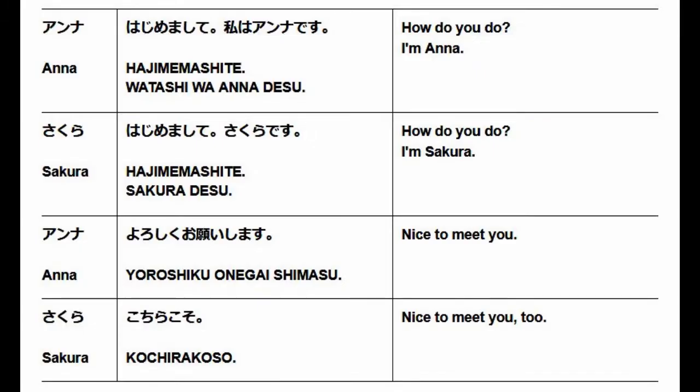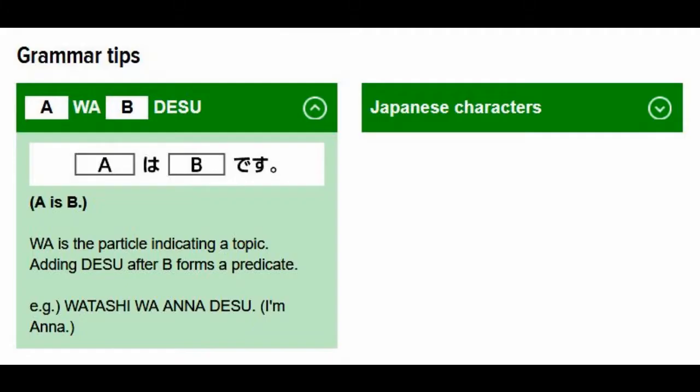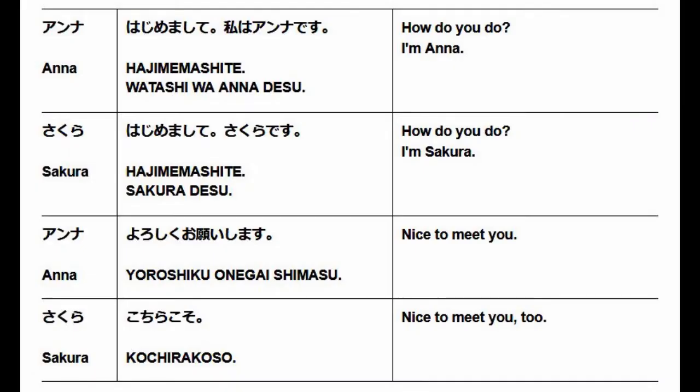When you want to say something like noun A is noun B, such as I'm Anna, you say です after noun B and it forms a predicate. Thus you say A は B です。 Okay, so when I introduce myself, I would say, はじめまして。私は Jonathan です。Right?